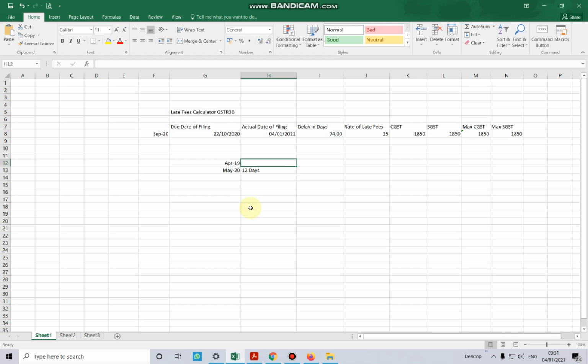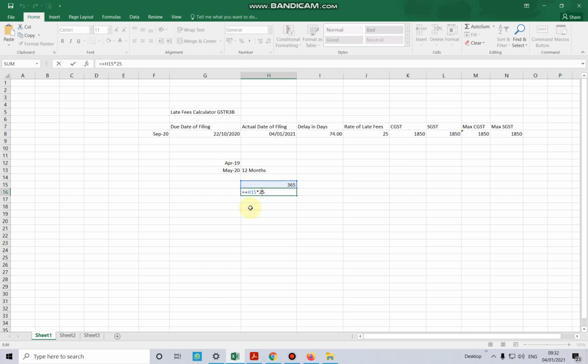So what they usually do is, the overall delay is 12 months, nothing but 365 days. And suppose the late fees that they take is 25 per day, then they simply do 365 into 25, 9125 for CGST and 9125 for SGST.